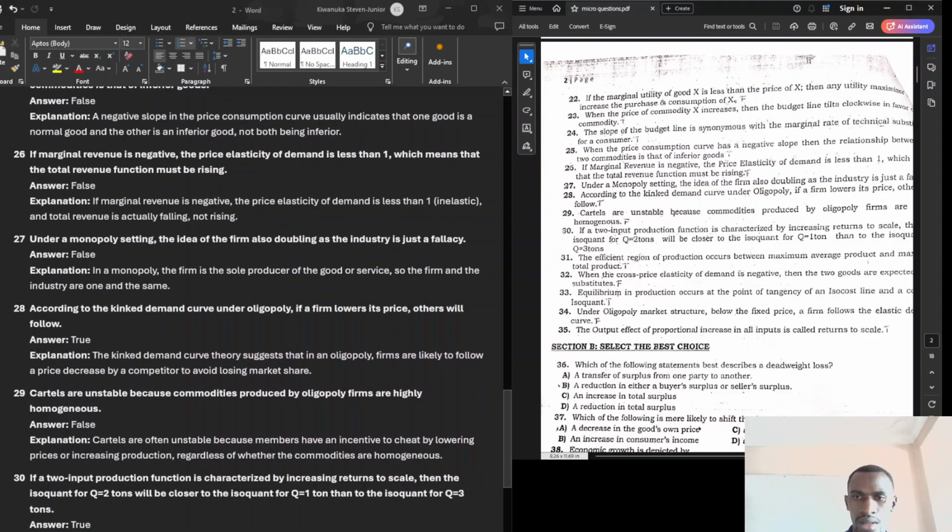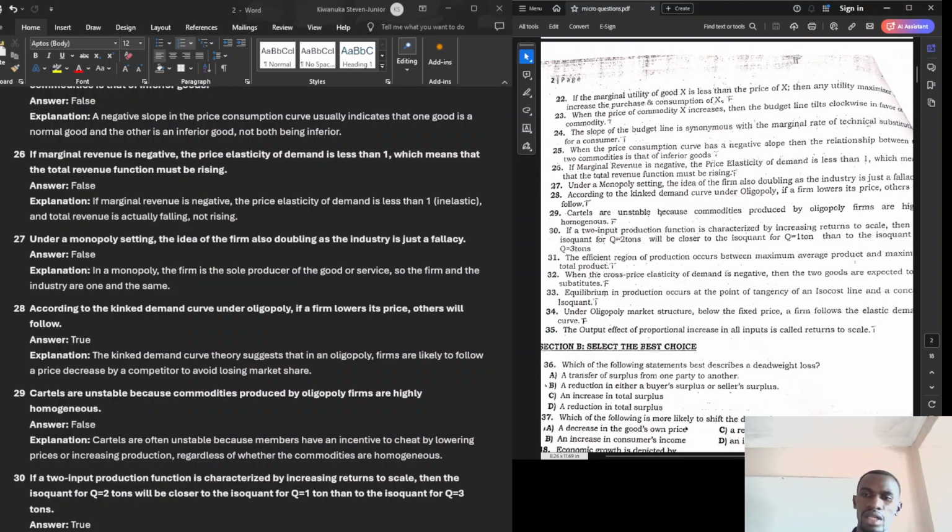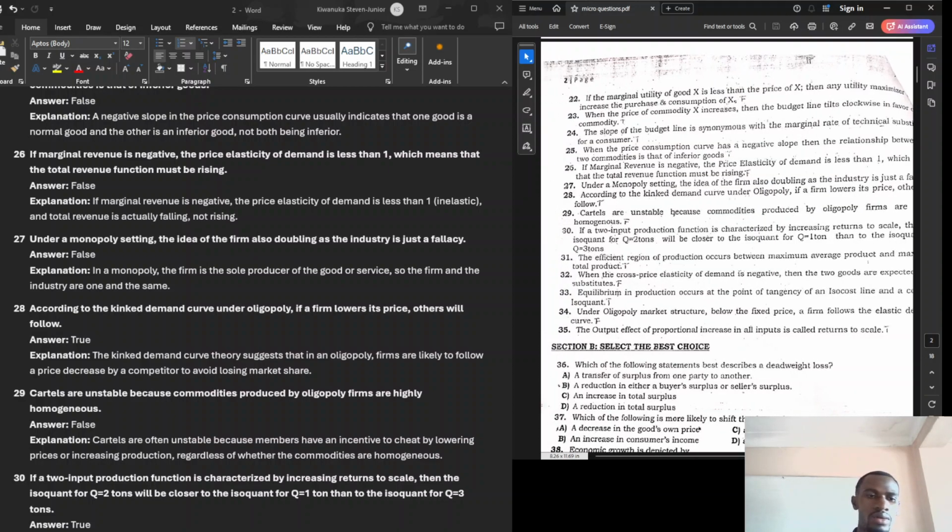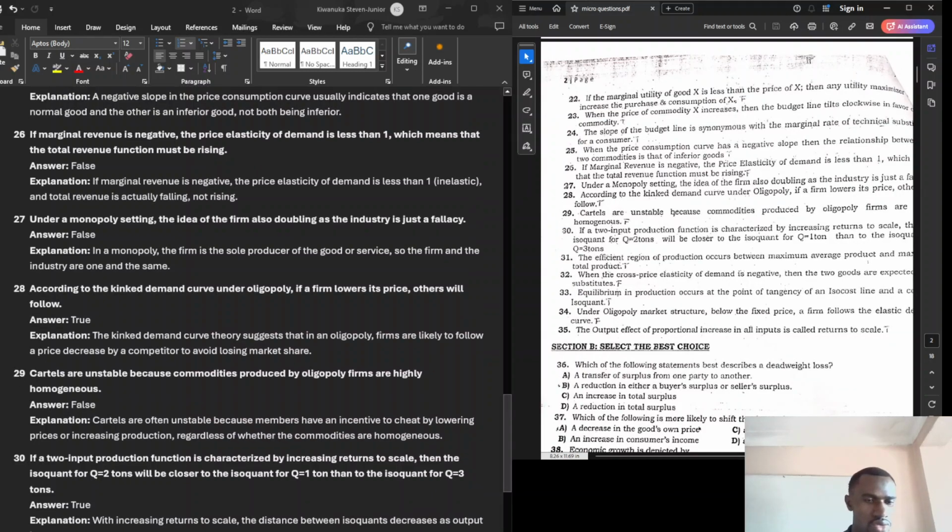Question 30. If a two input production function is characterized by increasing returns to scale, the isoquant for two terms will be closer to the isoquant for one than the isoquant for three terms. That is very true.